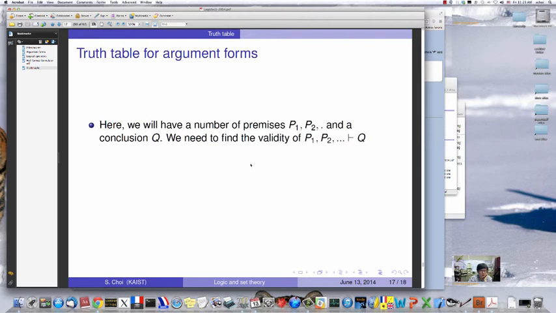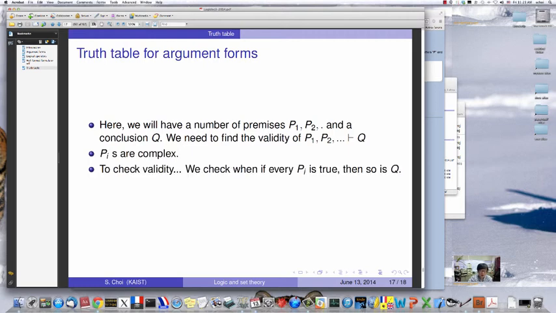Okay, so next I will do the next sentence. So truth table for argument forms. So suppose we have some number of premises and you want to get the conclusion Q. So we just need to check the validity of this kind of sentence. So say the Pi are complex. So what we need to check is if every Pi is true, then we just have to check that Q is true. Or you can form this sentence to check the validity of this thing.